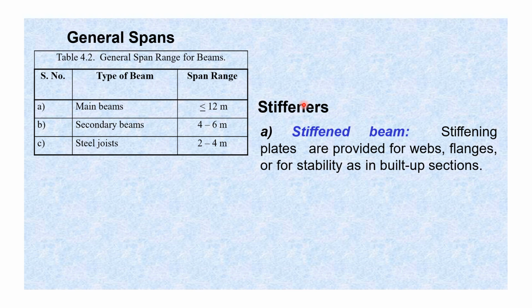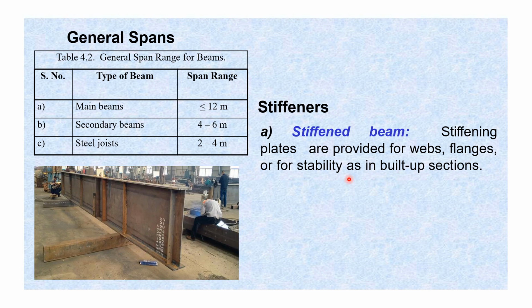Here are stiffeners, again types of beams depending upon stiffened beam and unstiffened beam. Here you can see stiffener plates are provided for webs, flanges, or for stability in a built-up section. Here you can see a vertical plate, and horizontal plates that are flanges on top and bottom, and that is a web.